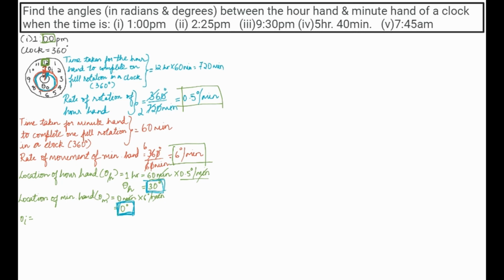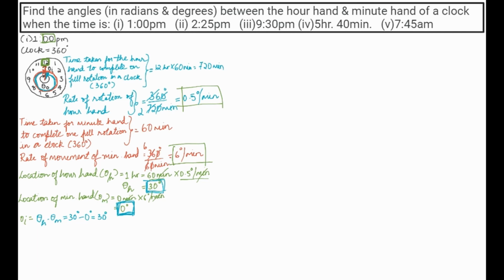That is theta h minus theta m, which is equal to the location of our hour hand is 30 degrees and our minute hand is at position 0 degrees. So the angle between the minute hand and the hour hand is 30 degrees.